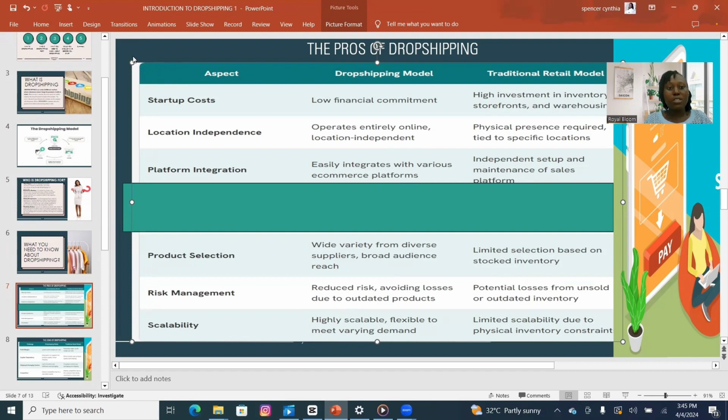But I would always advise that as a dropshipper starting off, please try to have a niche. Start with a niche first. Do not juggle and do everything at the same time, especially on your WhatsApp status, which of course I will be focusing more on because that's where 80% of sales take place for dropshippers in Nigeria.